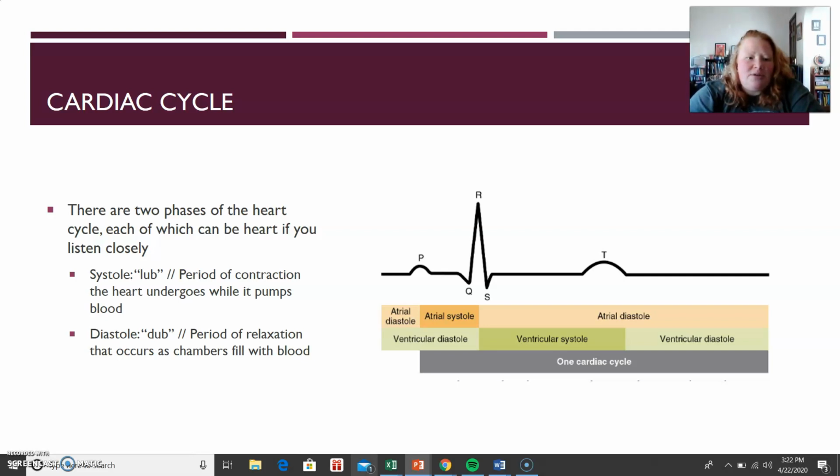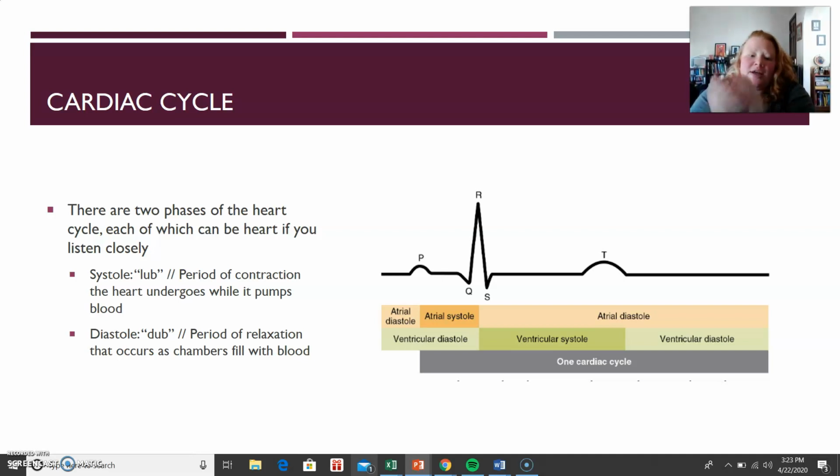Cardiac cycle. You have 2 phases in your cardiac cycle, each of which can be heard if you listen closely. Systole is the lub. It is the period of contraction when the heart pumps blood. And then diastole is the dub, and it's the period of relaxation that occurs when your chambers fill with blood.